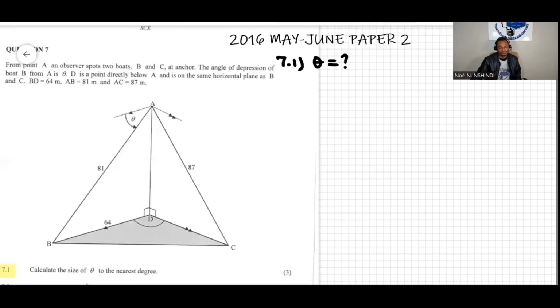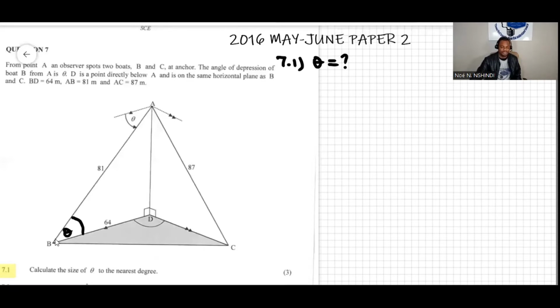So, okay, we can see that the two lines here are horizontal; they are parallel to each other. You can see that BD is parallel to this side where the angle theta is. Then because they are parallel, and this is the transversal, this one is also theta because of alternate angles.